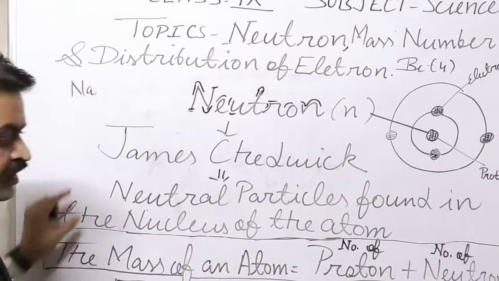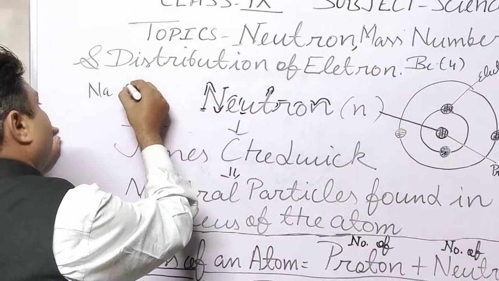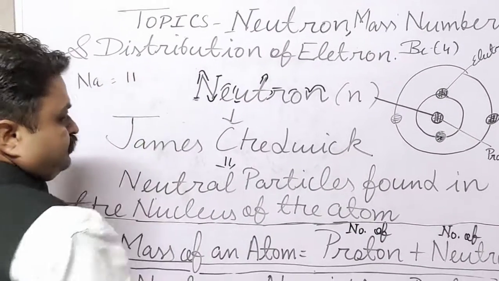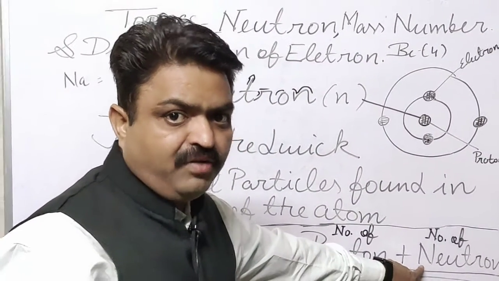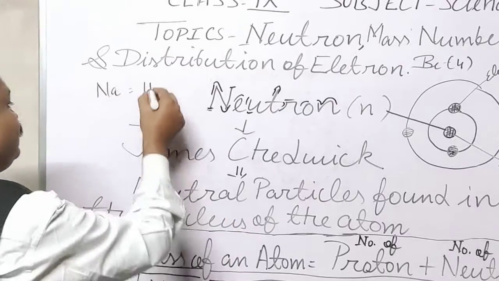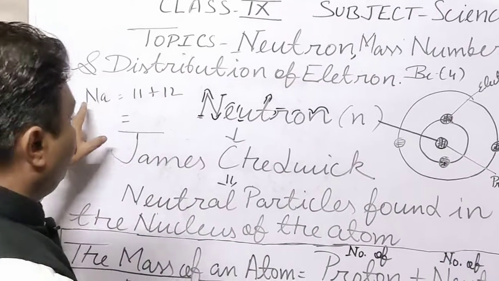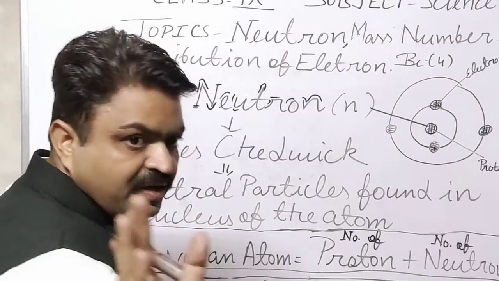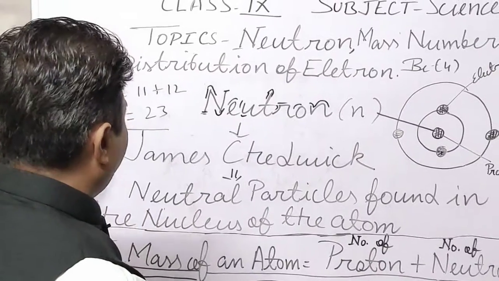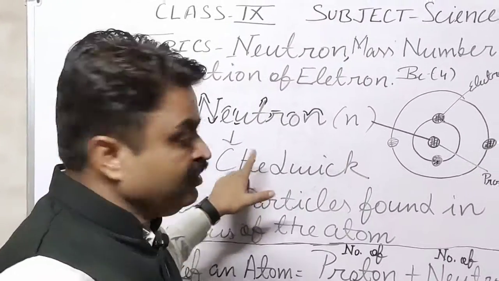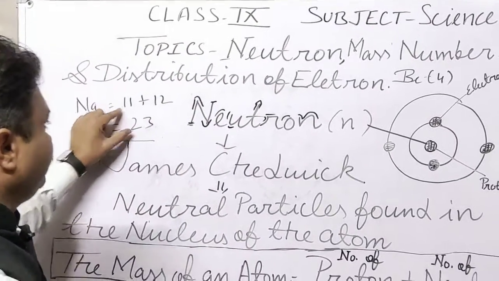Sodium, student. Sodium has number of proton 11 and number of neutron 12. That's why the mass number of the sodium will be 23.